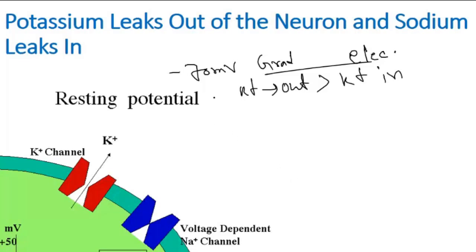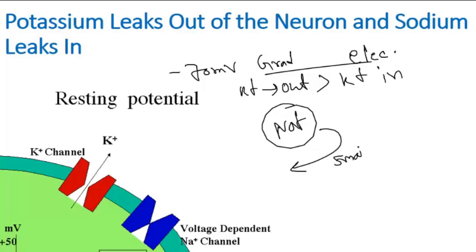But at minus 70 millivolts, in the same situation, the force on sodium is very large, right? The force on sodium is very large, but the neuron is only slightly permeable to sodium. As a result, a small amount of sodium moves continuously into the neuron.